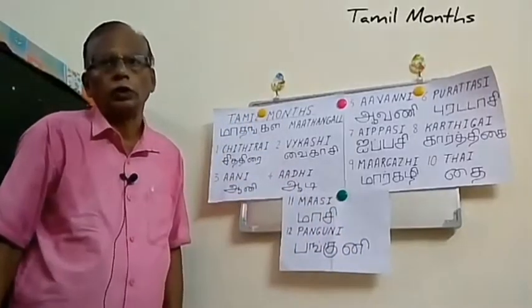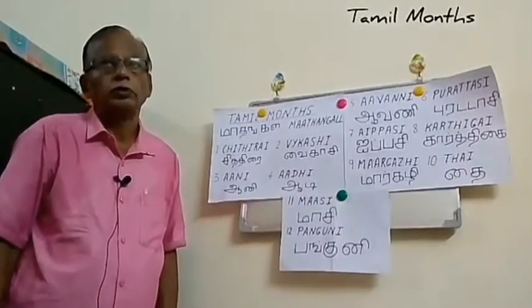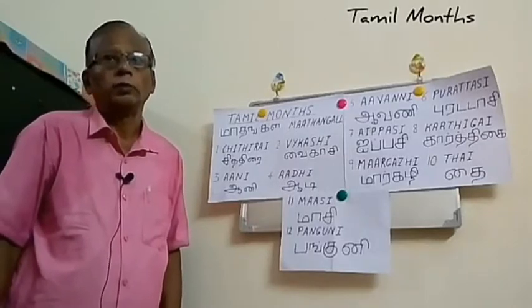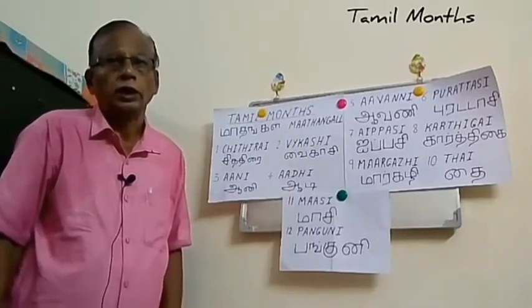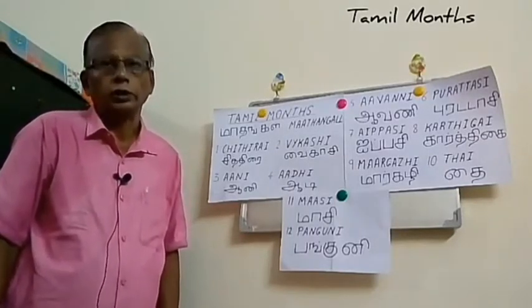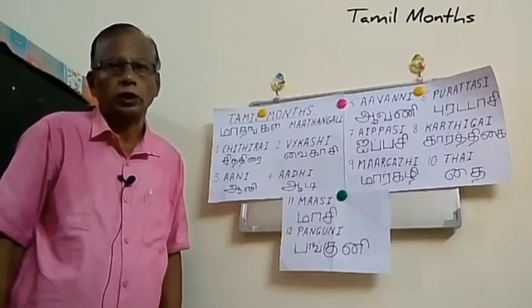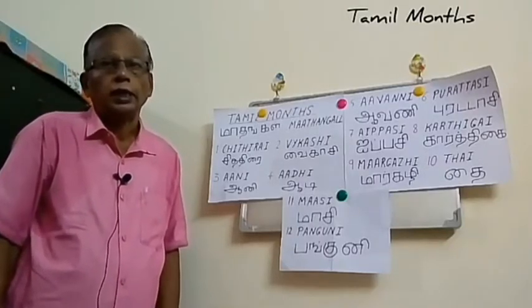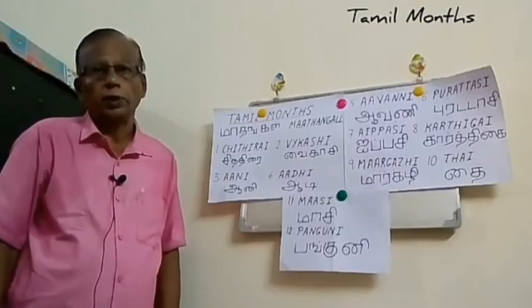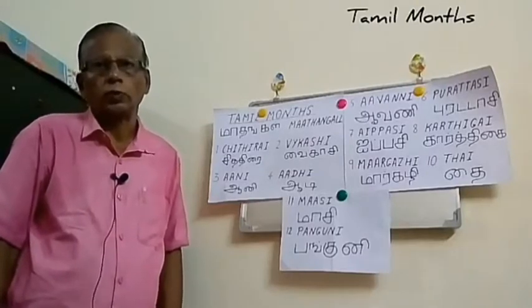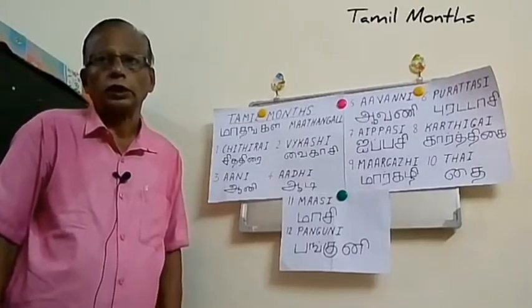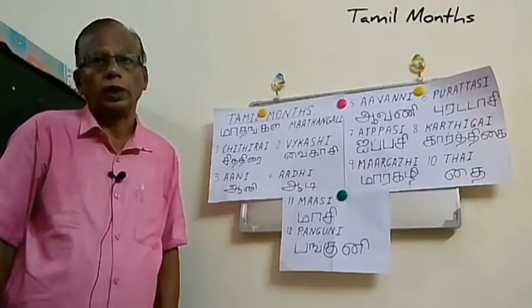It's called Falgun Mahina. Whenever you know Panguni, we remember Holi. The festival of Holi is in Panguni. And also Lord Ayyappa's star is Uttaram, which falls on the Panguni Uttaram day.